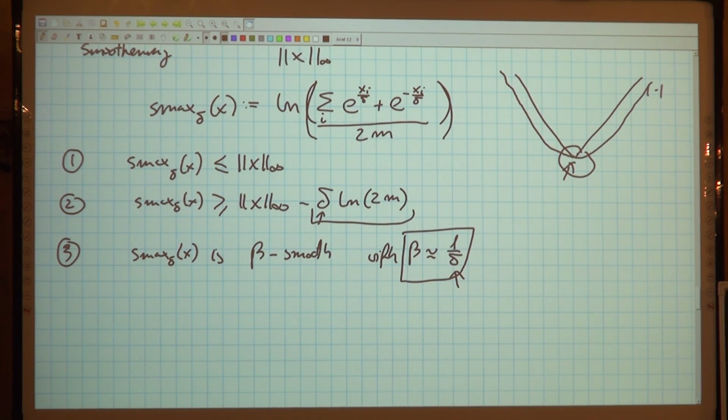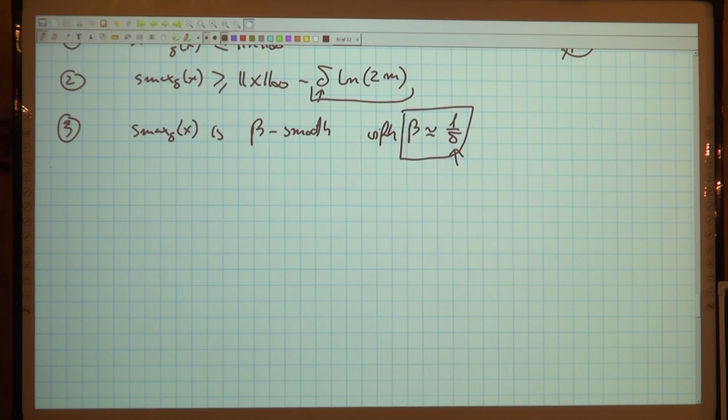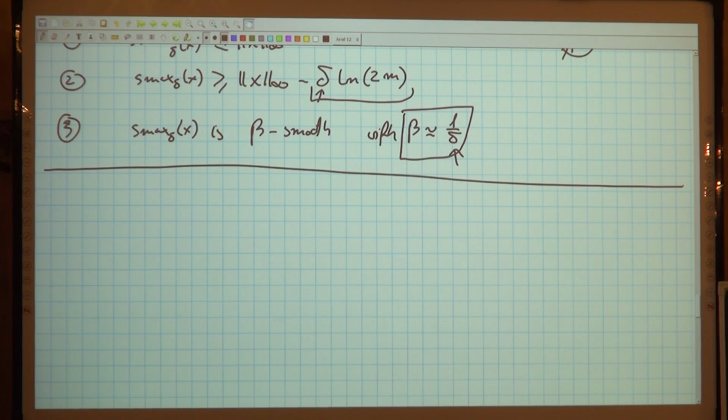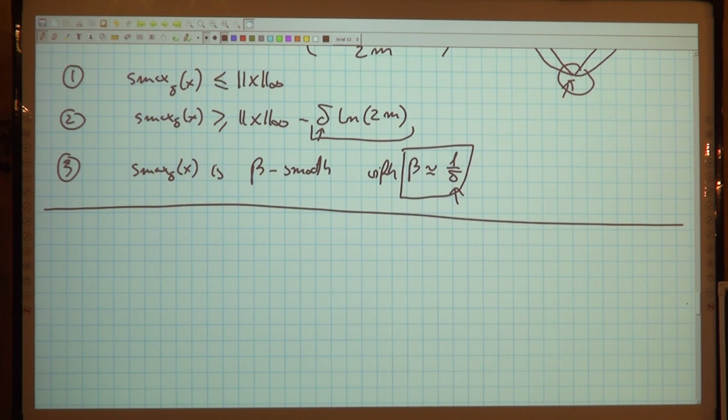Okay, so this is smoothing. There's actually a third problem. Even now that things are smooth, they are not alpha strongly convex. This is a convex function, but not alpha strongly convex.